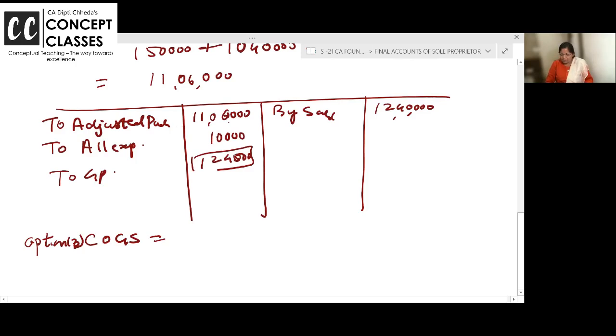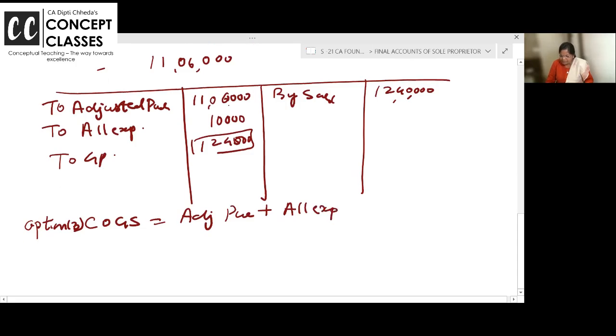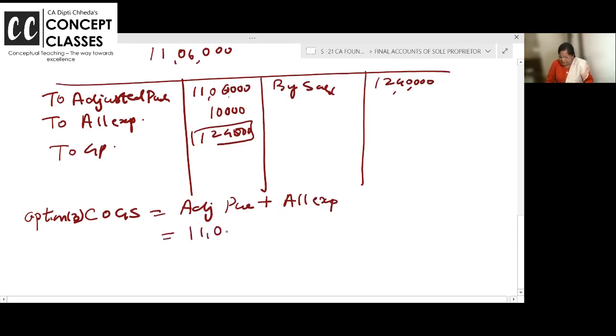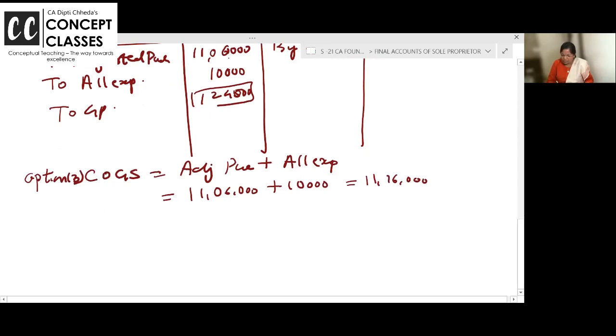After you take all the purchase, add all the expenses, factory related, administrative related, then when you sell the product, all the expenses you take related to the factory. Then can I say cost of goods sold is adjusted purchases plus all the expenses? So your adjusted purchases is 11 lakh 6,000 plus 10,000, 11 lakh 16,000 is your cost of goods sold.